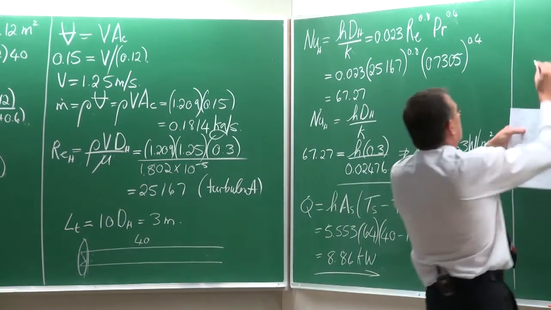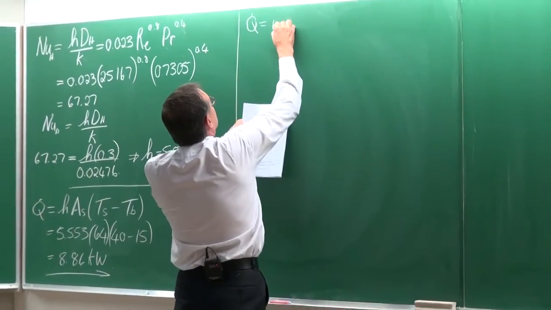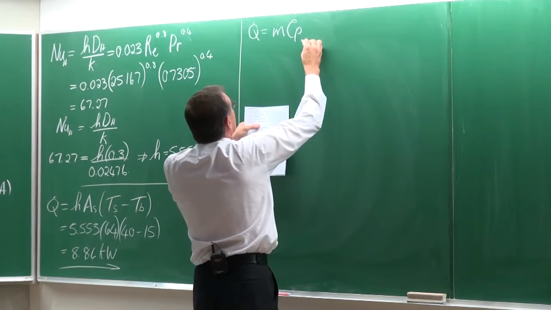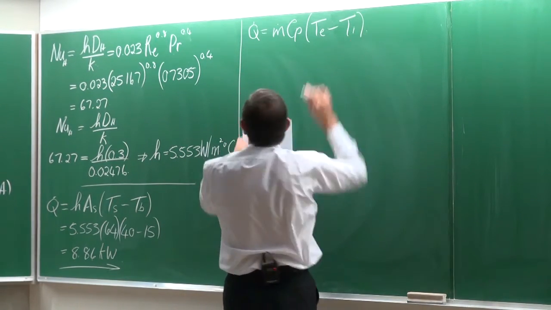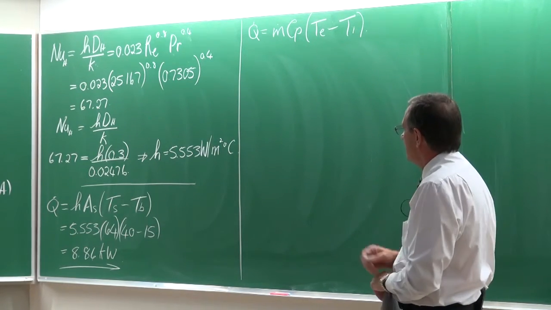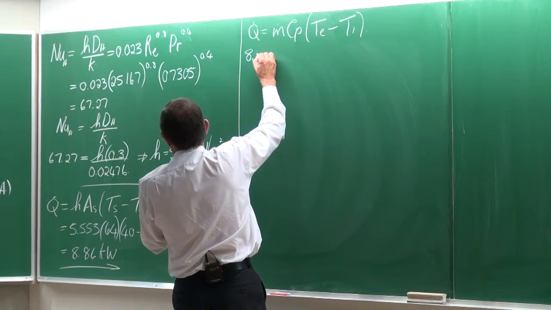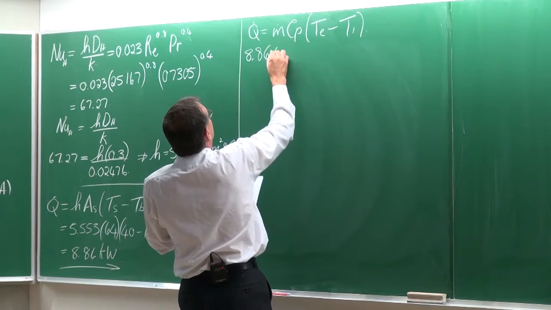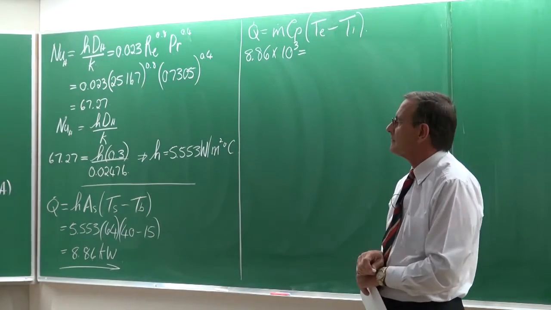And now I can go and calculate the outlet temperature of the air, m cp multiplied by the outlet temperature minus the inlet temperature. The heat transfer rate is equal to 8.86 multiplied by 10 to the 3.